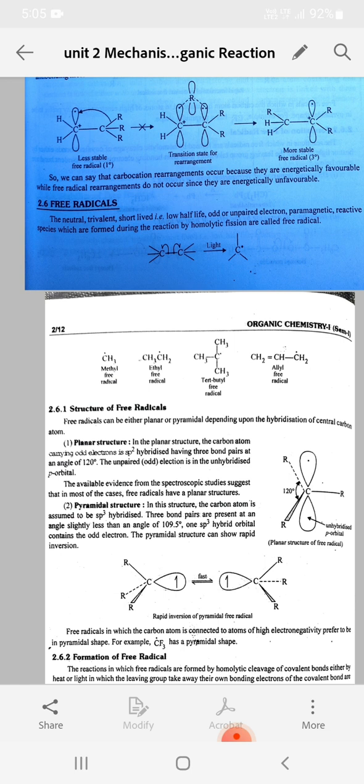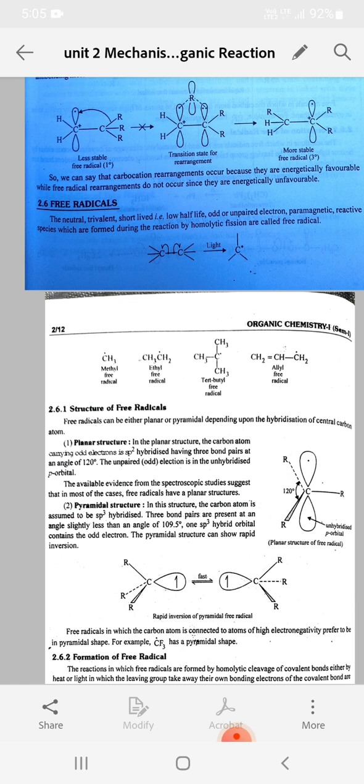And the free radical in which the carbon atom is connected to atoms of high electronegativity prefers to be in the pyramidal shape. For example, CF3 is a pyramidal shape which prefers the most high electronegativity.